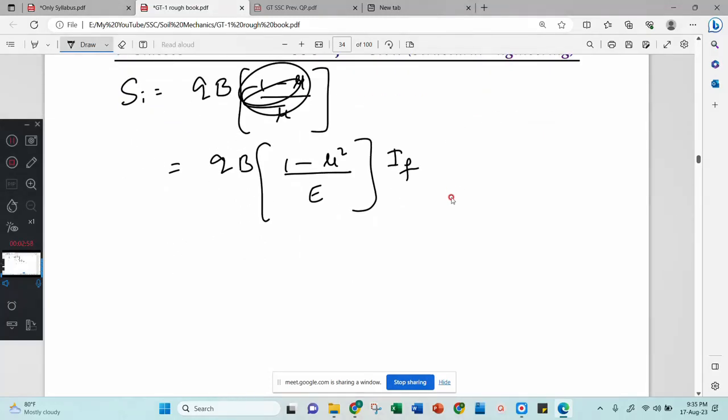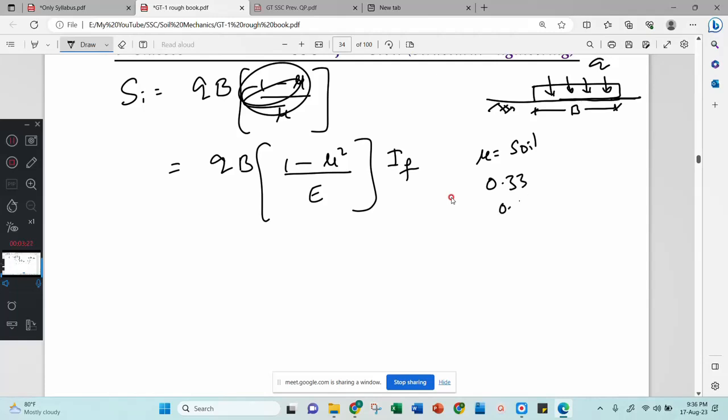q means what? Let us consider this is your ground and you have put a foundation on this one. Then whatever load is acting on the foundation is your q. Okay, what is this B? B is the width of the foundation. What is this mu? Mu is the Poisson's ratio of soil. Usually it is 0.3 or 0.33 like this.